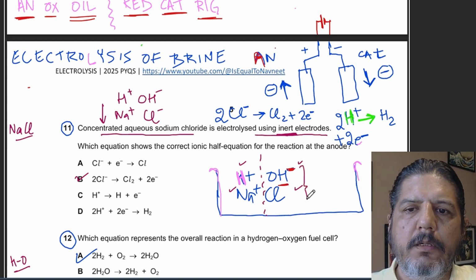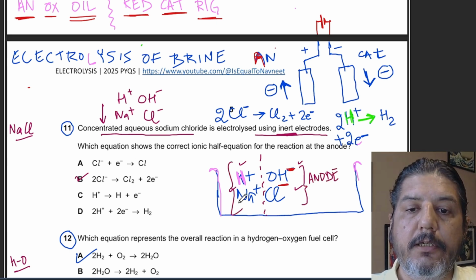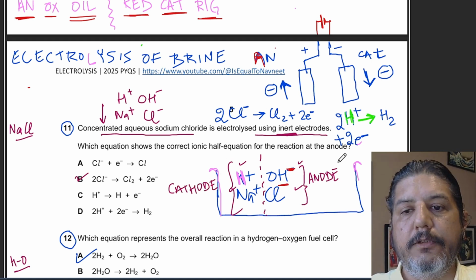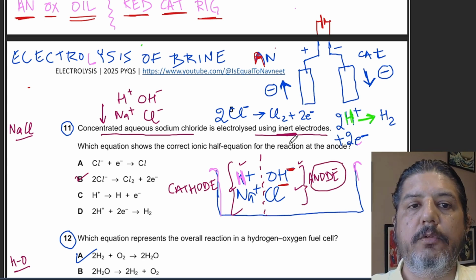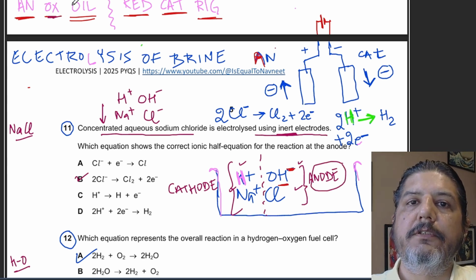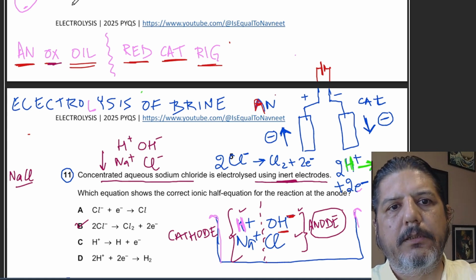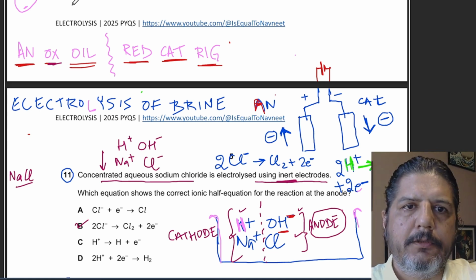So these will rush towards the anode, and these two will rush towards the cathode to get discharged. So let us focus at the anode first. We understand that at the anode, oxidation will be taking place.